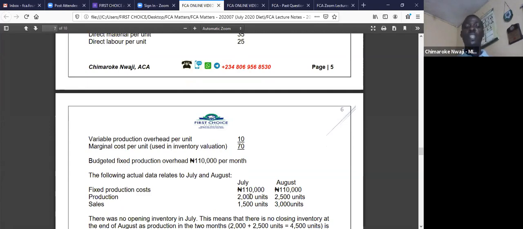So look at the following data for July and August. You see that the fixed cost is still there, 110 in 2 months. That is how you know that the cost is fixed. When you see 110 here, 110 there, it's fixed. Now look at the production. You can find out that the productions are different. We have 2,000 units in July, 2,500 in August.